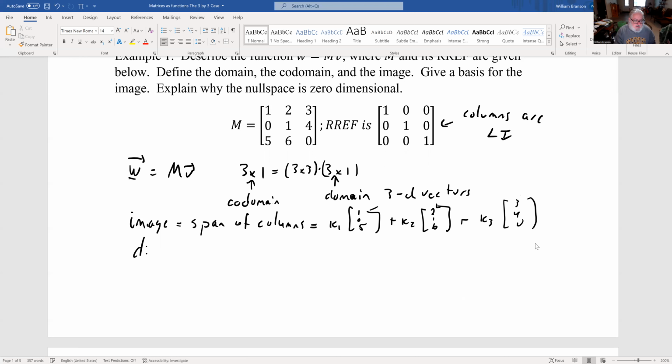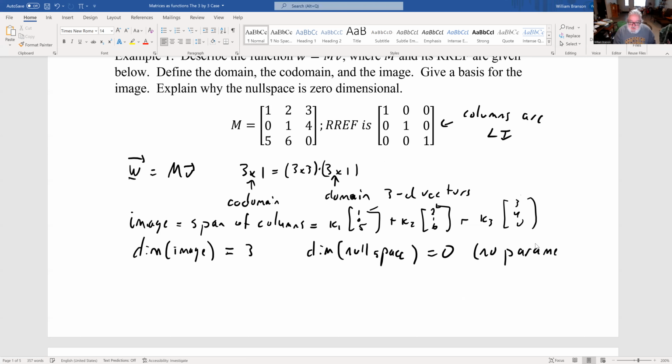So dimension of image equals 3. Dimension of null space equals 0 because there's no parameters. So there's nothing in the null space except for the 0 vector.